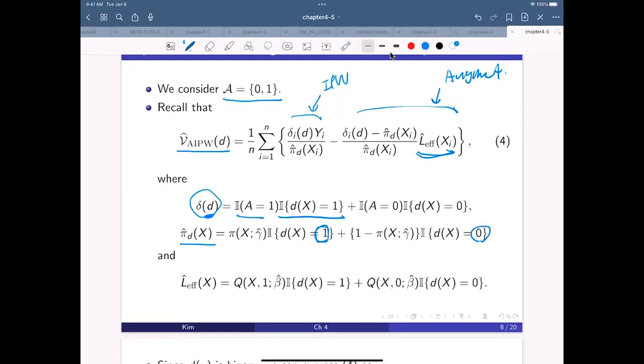If A equals 1, we are computing the estimated probability for A equal to 1.